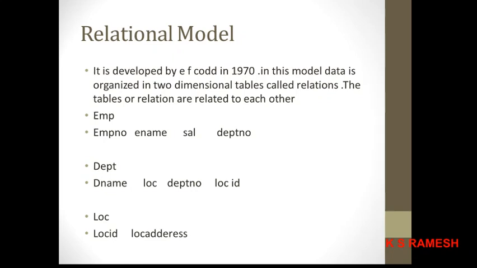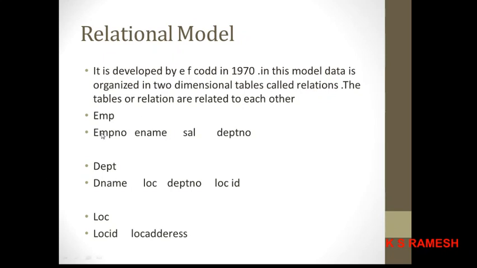Whereas in a network model we are able to remove the links, but if you remove the links, the connection between the different entities will be disturbed. So the relational model overcomes both the disadvantages of the hierarchical model and network model.